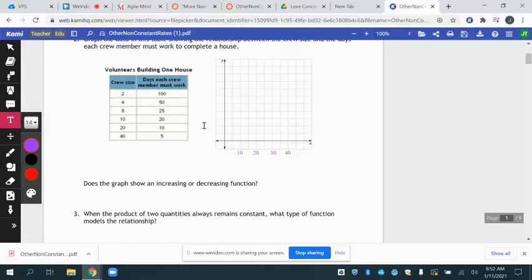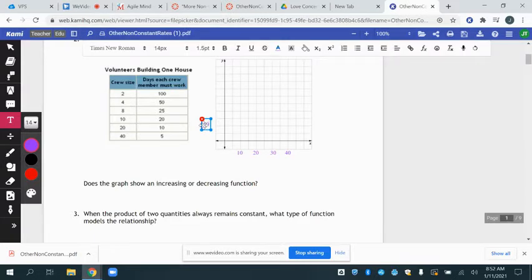And then this was also 10. No, we didn't do that. We did 20, 40, 60, 80, 100. Let's see if we can make it work this way. There's 100, 80.